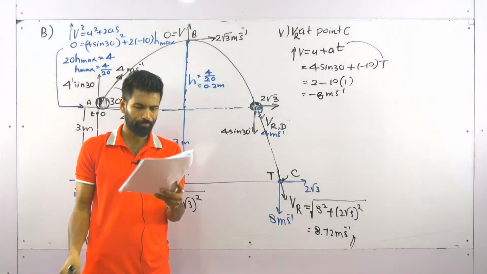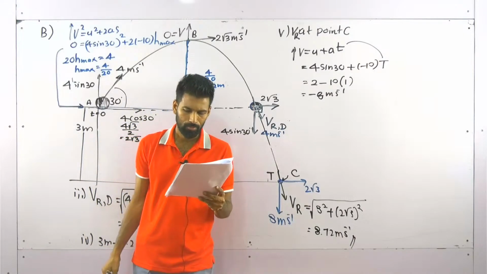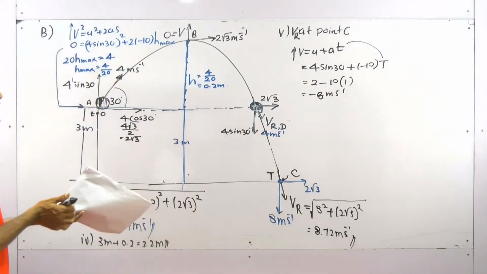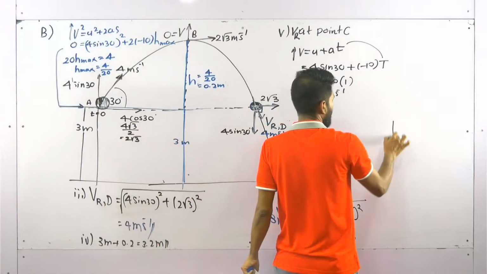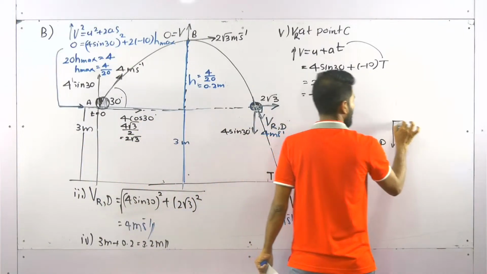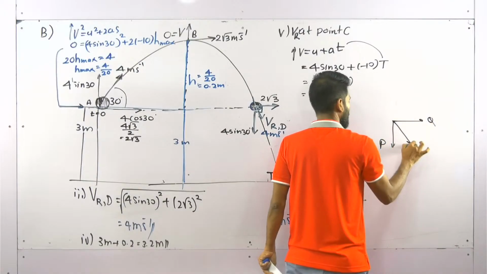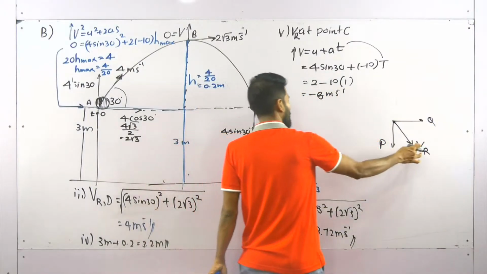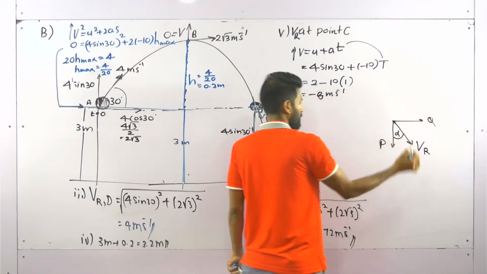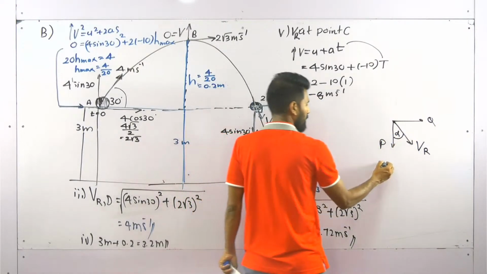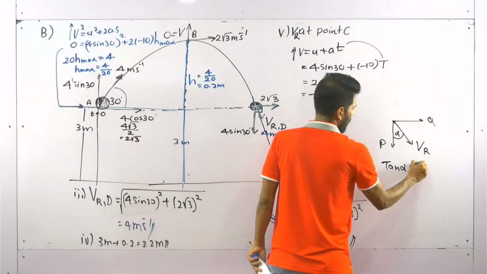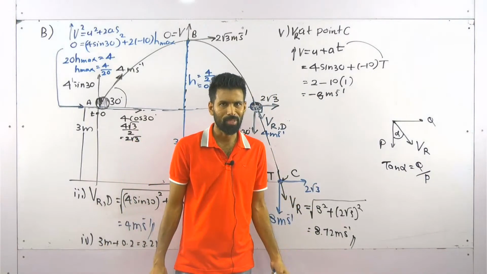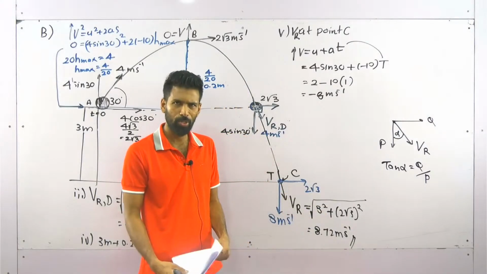Then what's next? Let's find the direction also. When the two vectors are p and q, and this is the resultant vector, normally the resultant vector creates an angle alpha with the vector p, where tan alpha is equal to q over p. We have learned this theory really well. Now I'm just writing it here, not going to prove it.